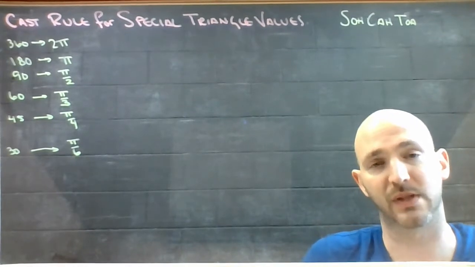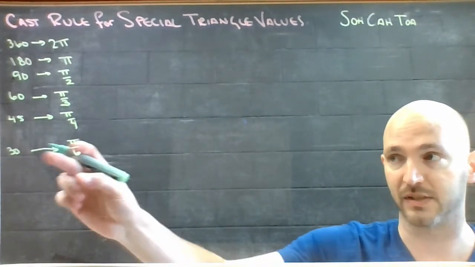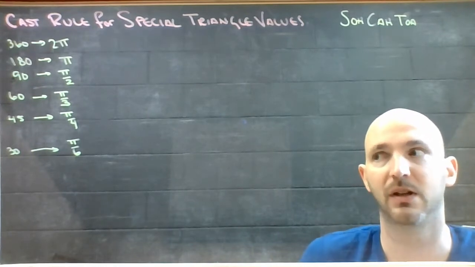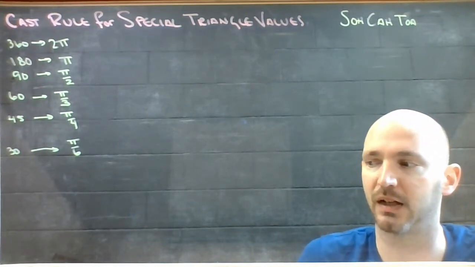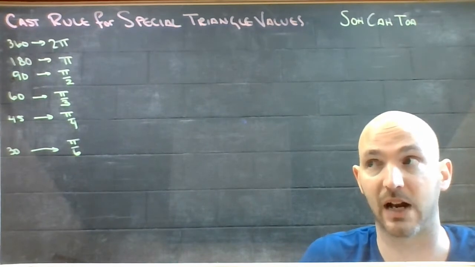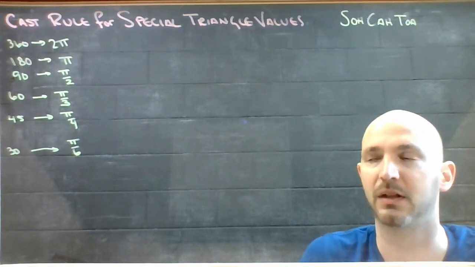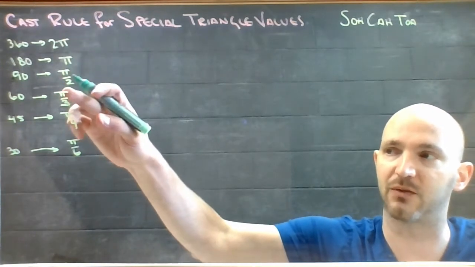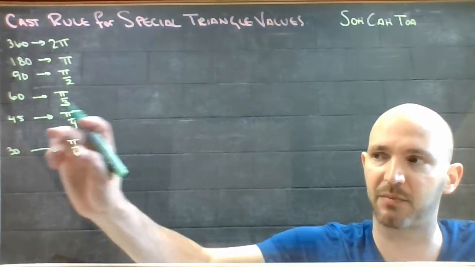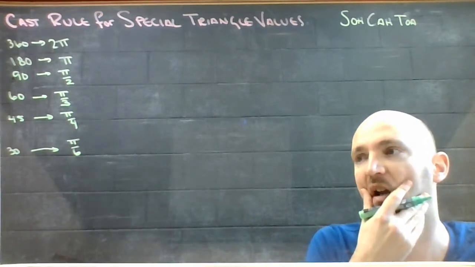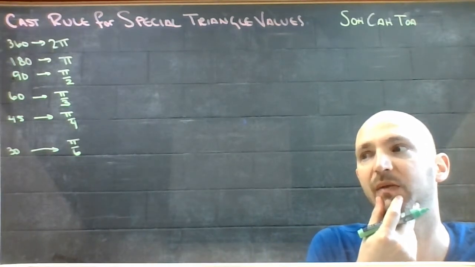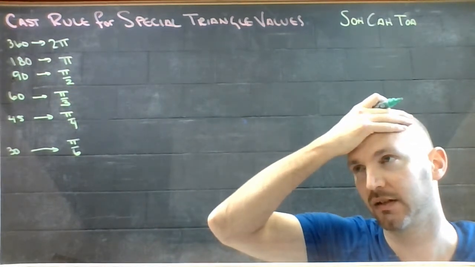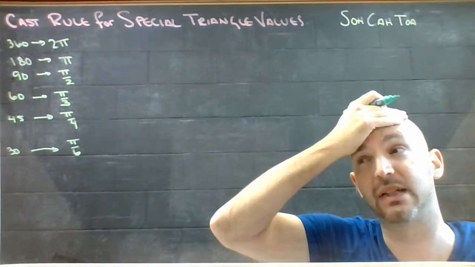So I'm going to use those angles in particular because 30, 60, 45 are the numbers that showed up in the special triangles, which means that they have trig ratios that you can write as a fraction with some square roots in them. You notice that I've got pi, pi over 2, pi over 3, pi over 4. It would be nice to have a pi over 5 in there. So pi over 5 would be 180 degrees divided by 5, which I think is 36 degrees.